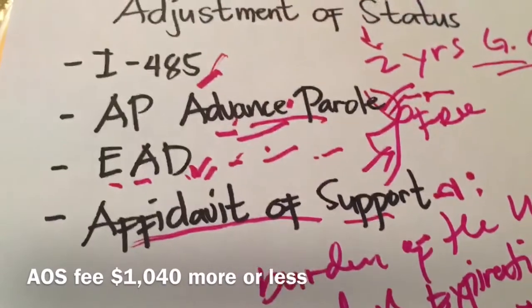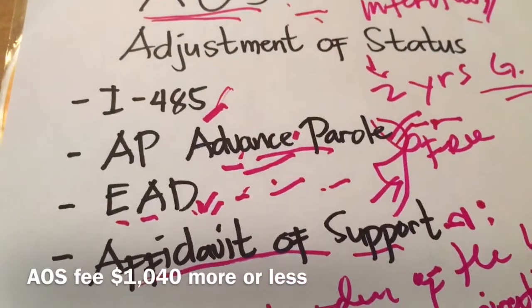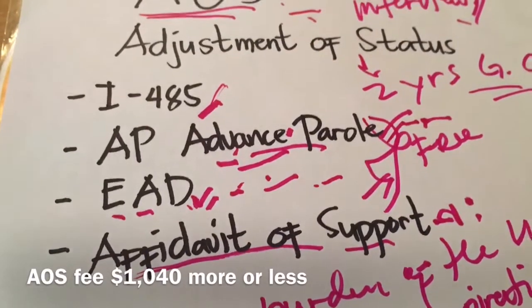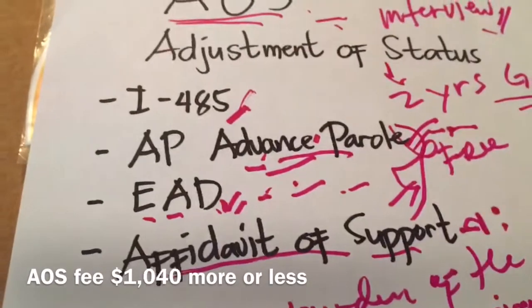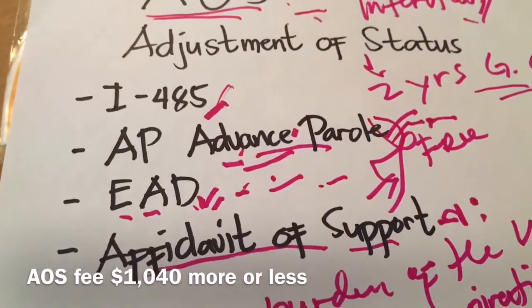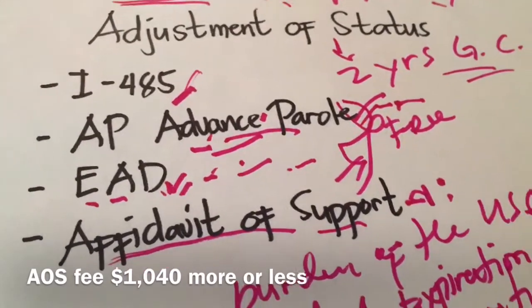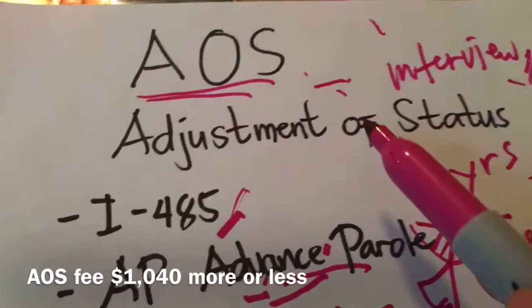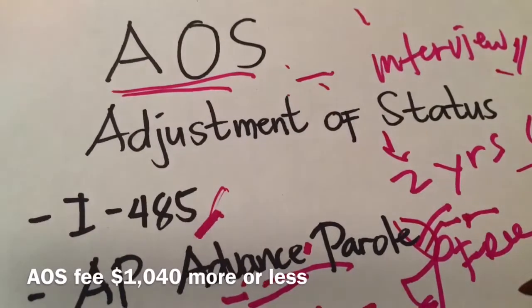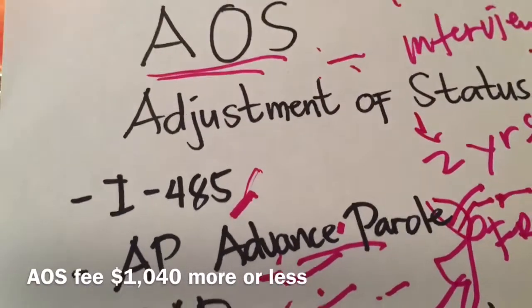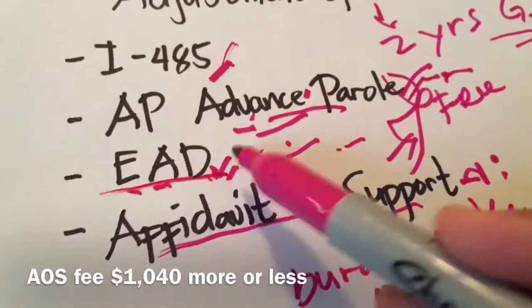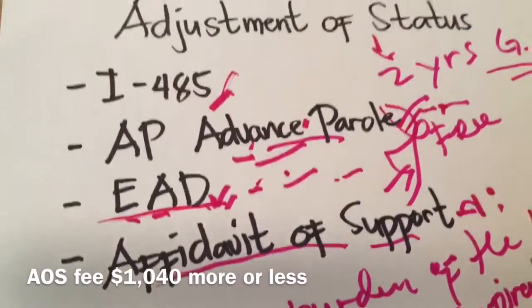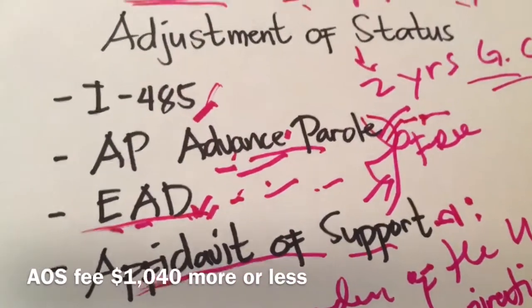Then you can receive the SSA card again, and it will state there for work authorization. That means because you have adjusted your status, and because you applied for EAD, it will say for work authorization.